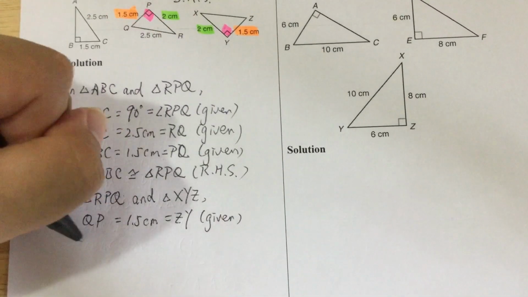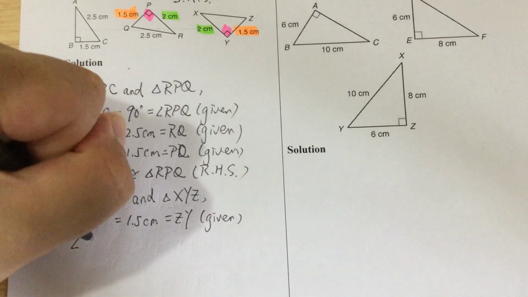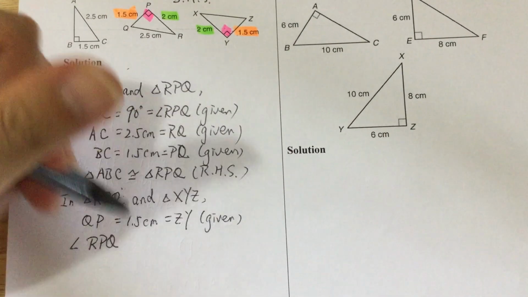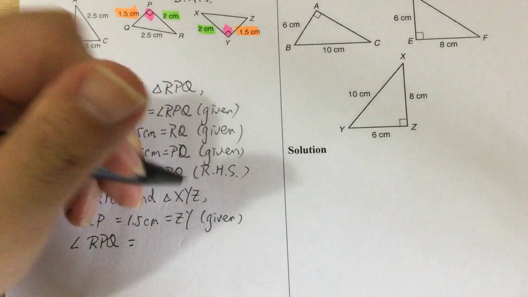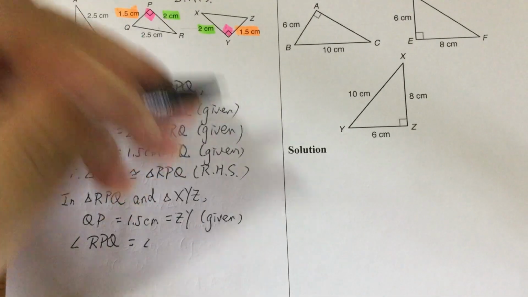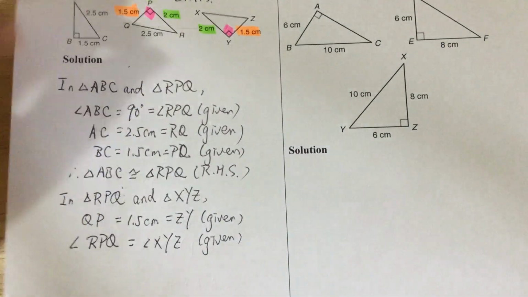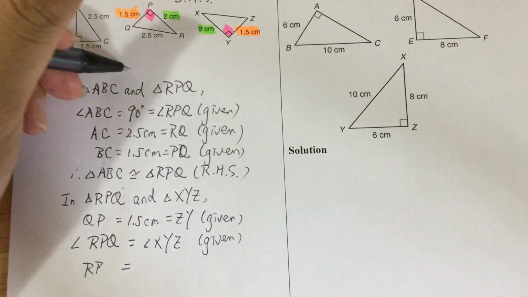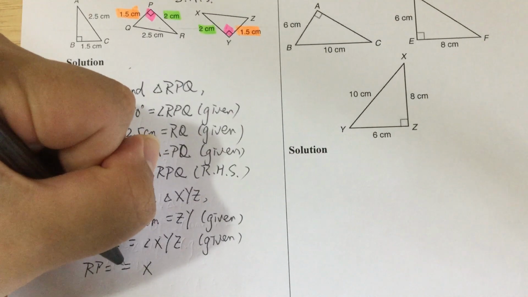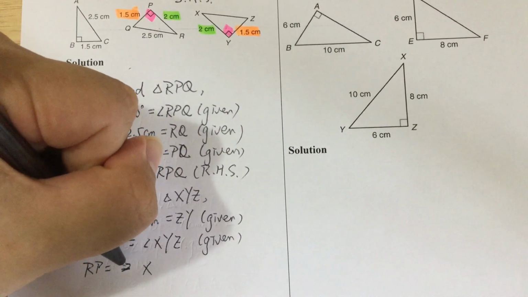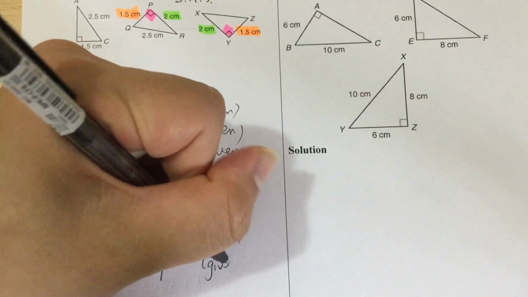Next, the angle RPQ equals angle XYZ, also given. You can omit the 90 degrees here because this one is not RHS. And finally, RP is equal to XY, equal to 2 cm, given once again.